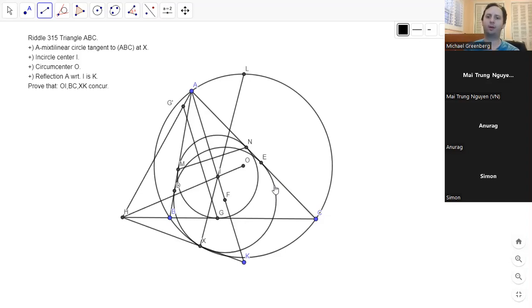Oh, that's China. Okay. So I'm just going to assume that for now. I guess it's hard to prove. Now you just need to calculate. Yeah, use Thales' theorem.